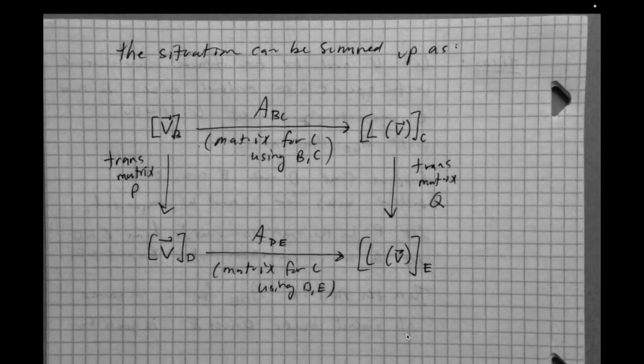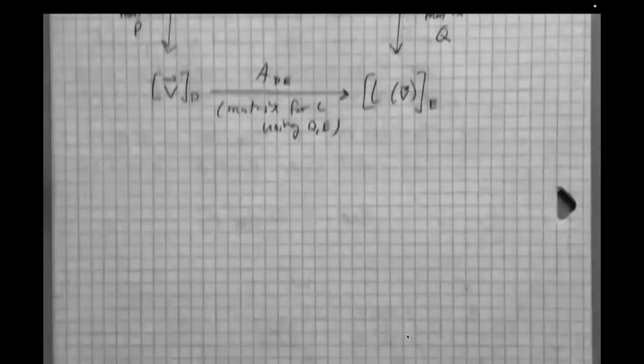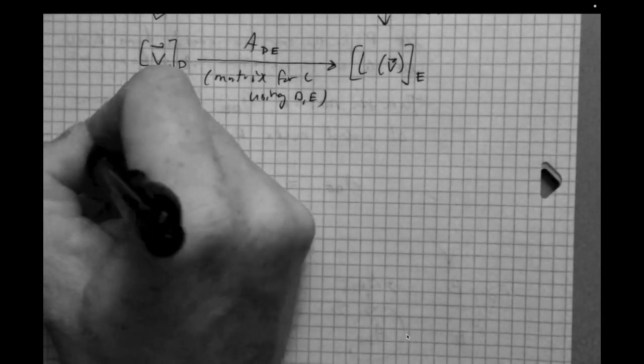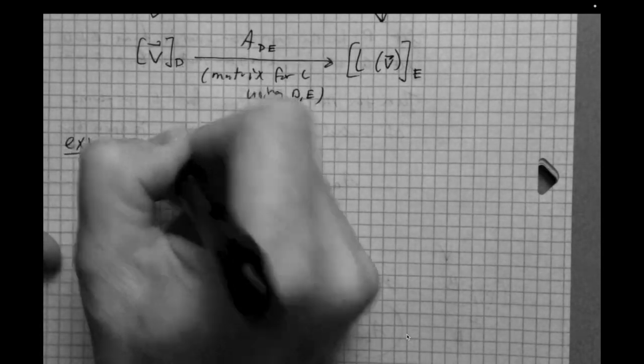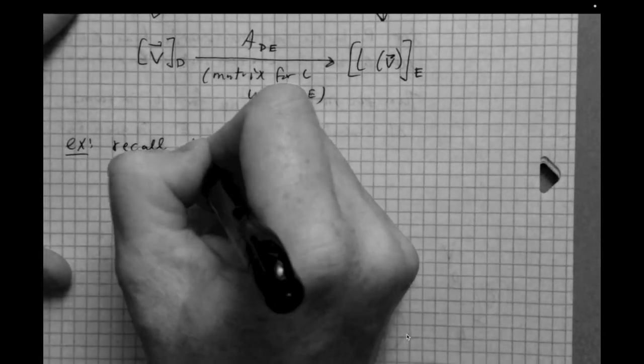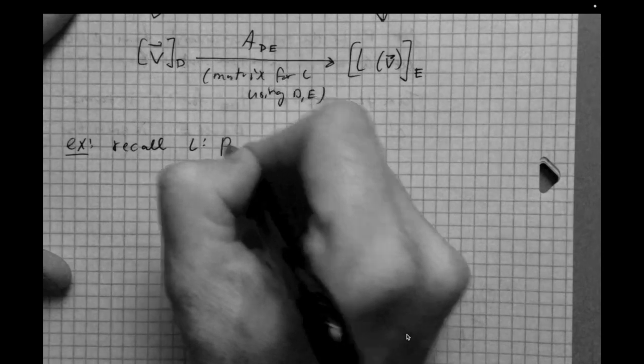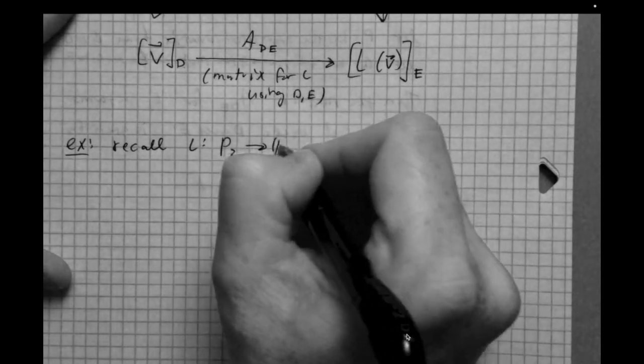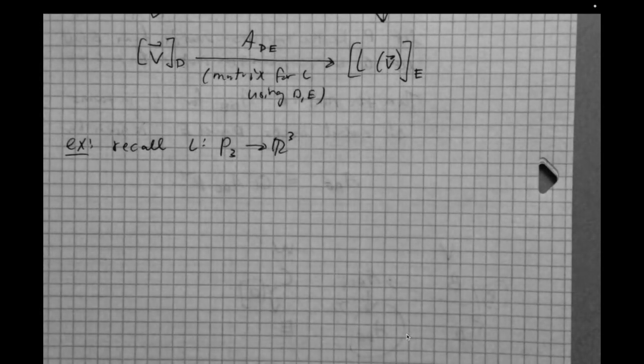Okay, so let's take an example and see how this works. And so let's recall the example from the previous section of the linear transformation P3 to R3. Sorry, this has been the running example for this whole lecture, but part A of the lecture had the specifics of this, right?